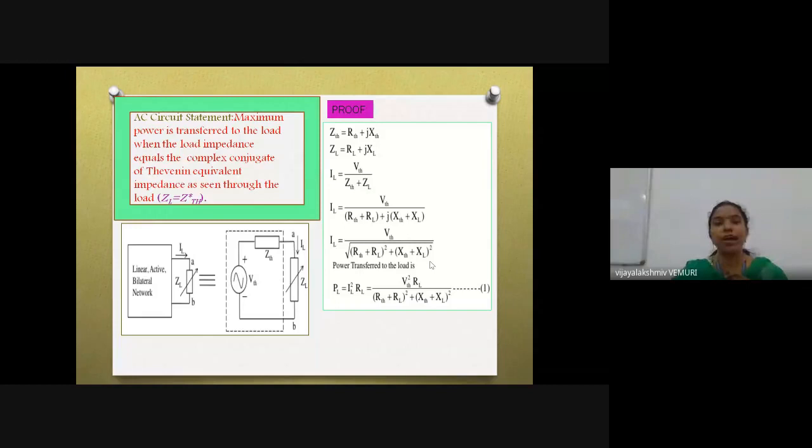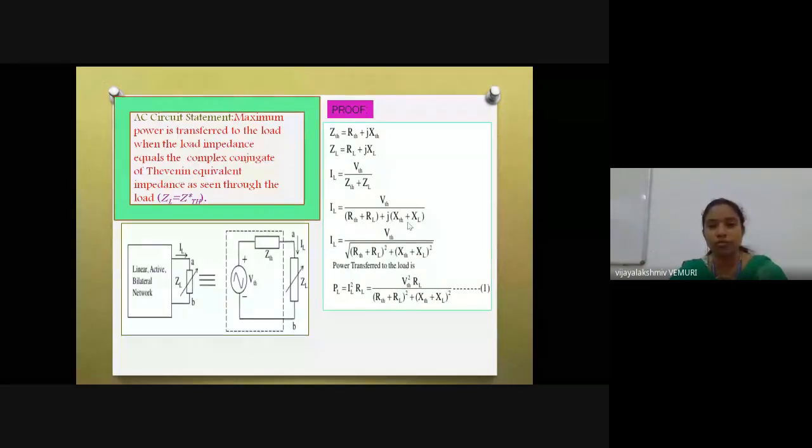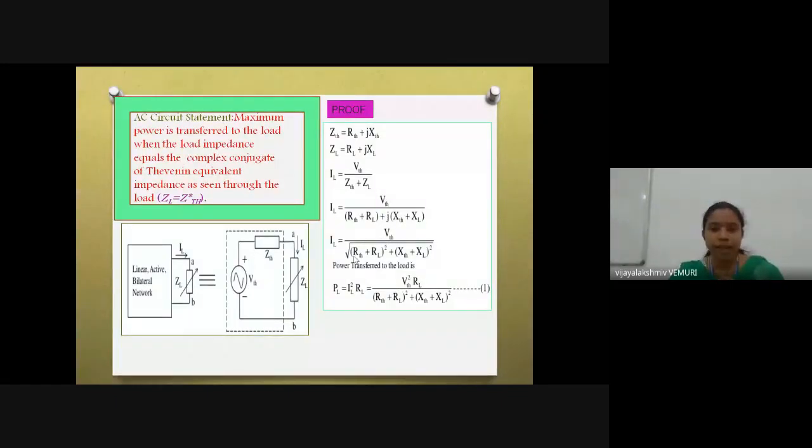This is the magnitude value of the denominator. If you have any complex number in the form of real part plus imaginary part, a plus jb, then the magnitude will be root of a square plus b square. So this is the magnitude value.